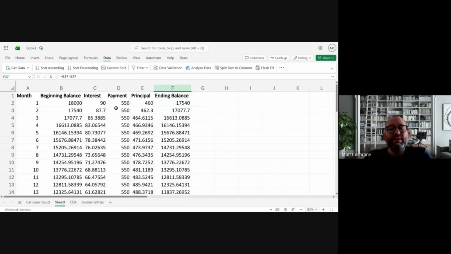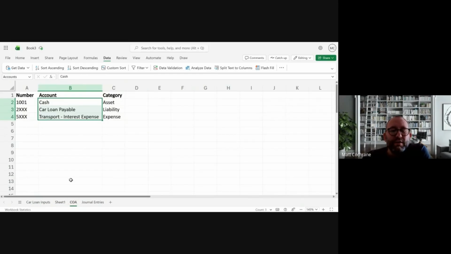Now, the nice thing about completing this amortization schedule is that it gives us the information that we need to record the transaction. So we need to make sure that we go through this because it gives us the values that we need for that car payment. It's not a car payment expense, don't get that wrong. It is a car payment, but the cash component is the full 550, and that payment consists of both principal and interest.